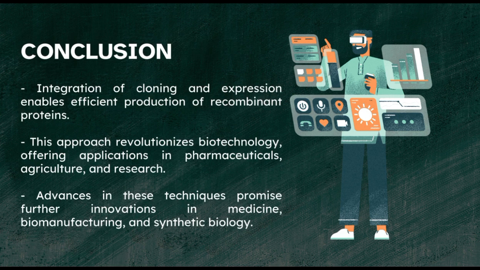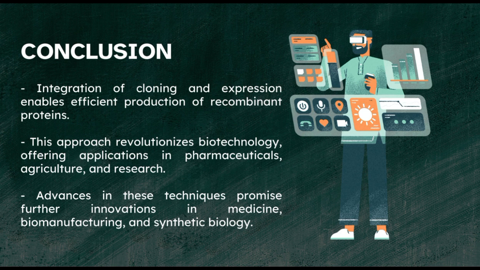Integrating cloning and expression techniques streamlines the process of producing recombinant proteins by combining DNA manipulation and protein expression into a single workflow. This integration has significant implications for various industries, including pharmaceuticals, where recombinant proteins are crucial for drug development and production.